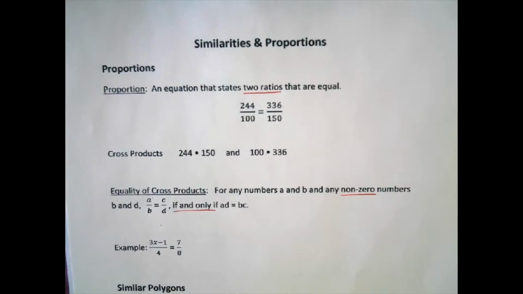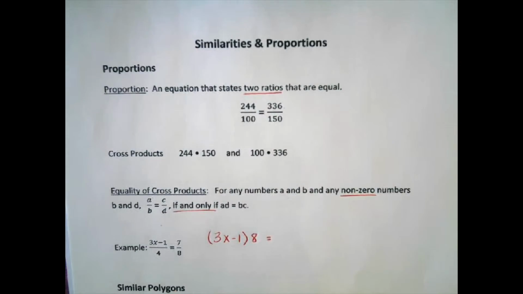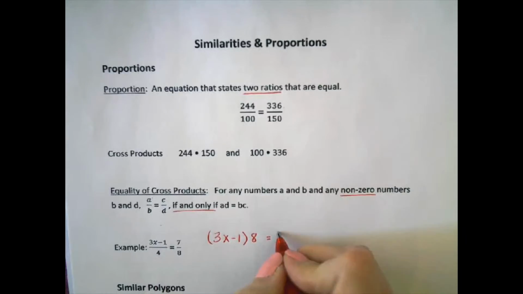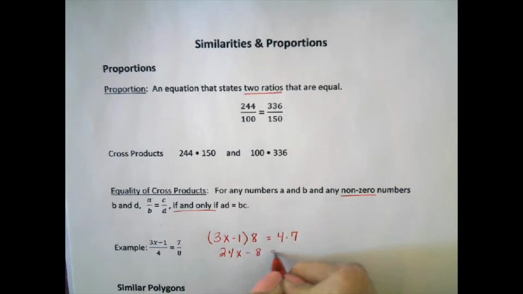So an example of a problem involving proportions would be one such as (3x minus 1) divided by 4 is equal to 7/8. In order to solve this problem for x, I would set up the cross products as (3x minus 1) times 8 is equal to 4 times 7. I would simplify to get 24x minus 8 is equal to 28.